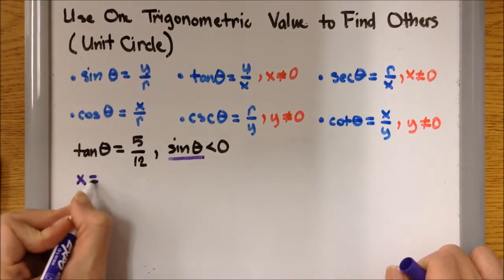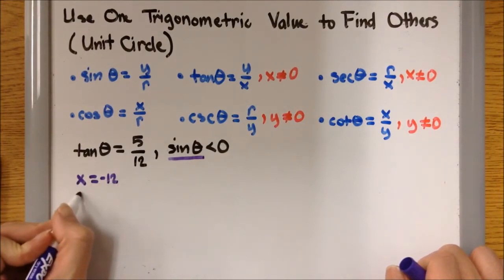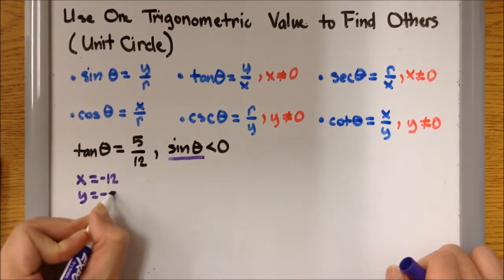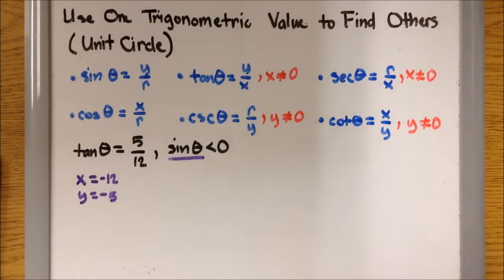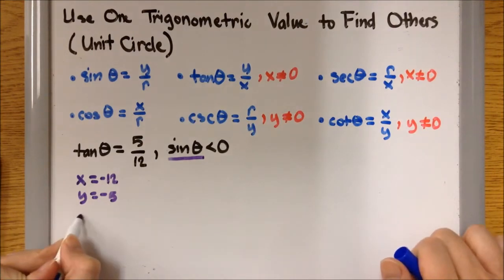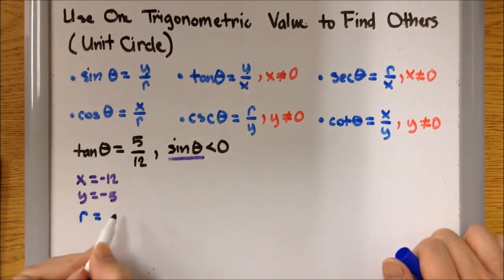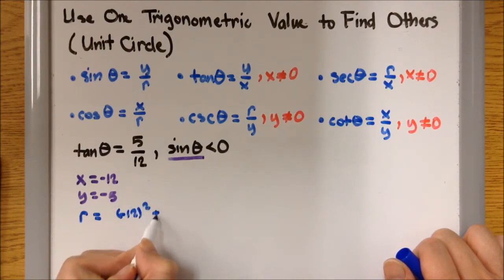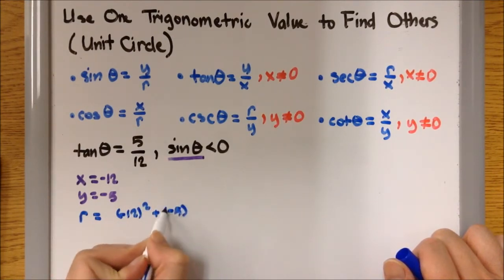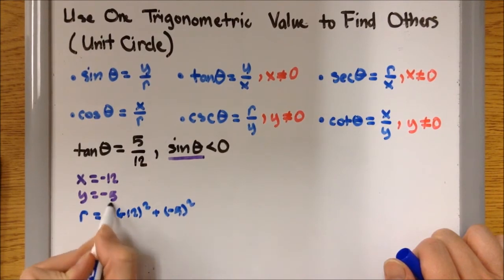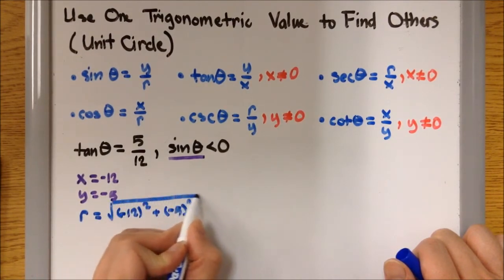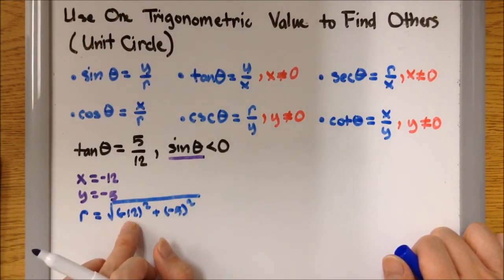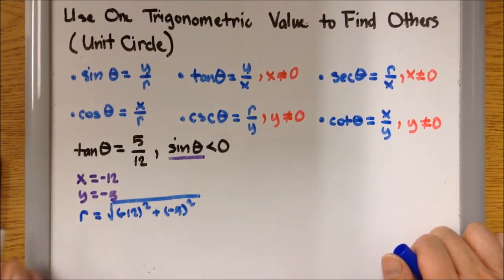x is negative 12 and y is negative 5. Now, as we do the work for the r, which is the square root of negative 12 squared plus negative 5 squared. Now see how I put the parentheses because we have negatives, just in case.